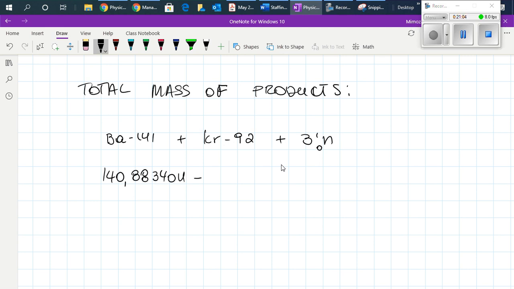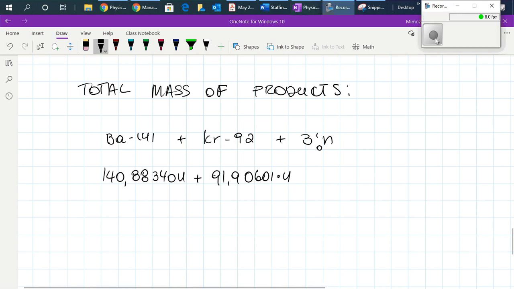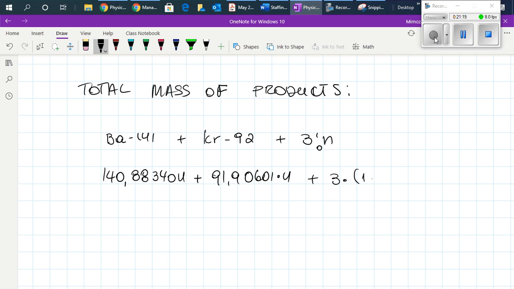140.88340 times unified mass plus 91.90601 times unified mass plus 3 times 1.008665 times unified mass.